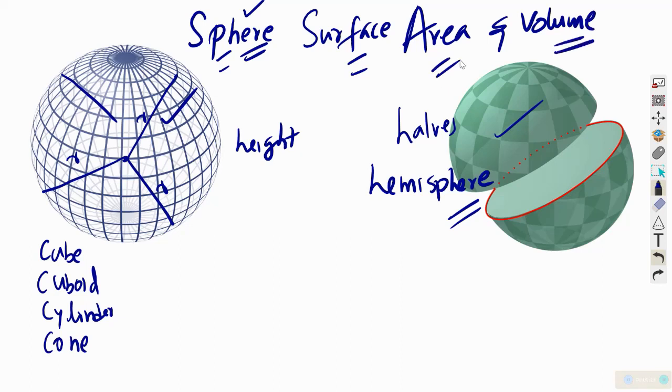In order to explain how the surface area of a sphere is calculated, you need to go through certain experiments. But the experiment will surely prove that. One of the experiments is like this. If you have a cricket ball or something in your hand, think about this globe itself.